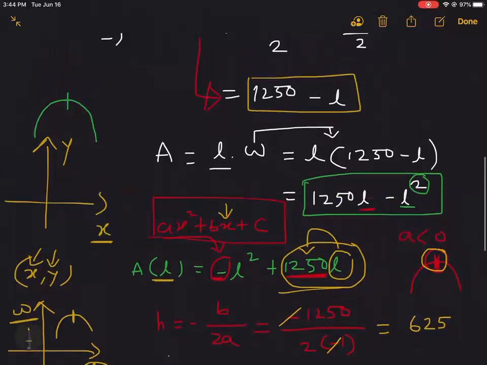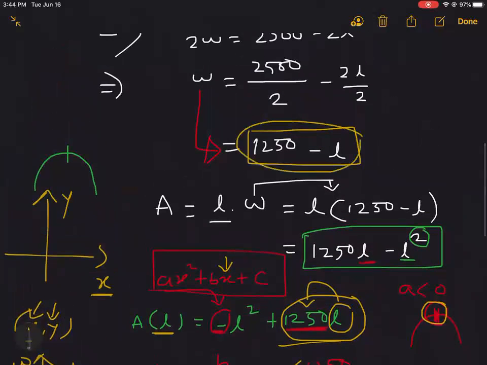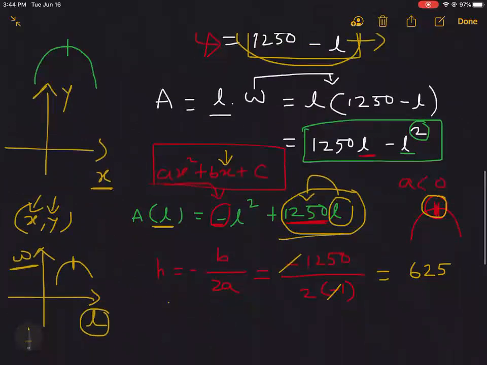We already know the substituted value of W. We can plug in L here to get W. Or we can plug it back in the main equation to get the area, and from that we can also calculate W. But that would be too time consuming.